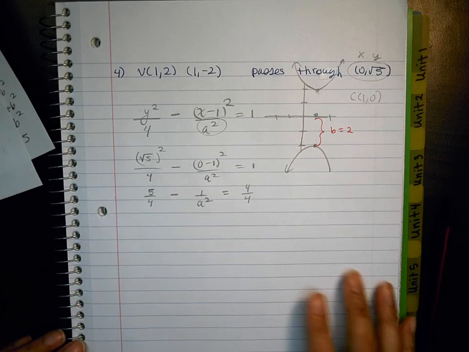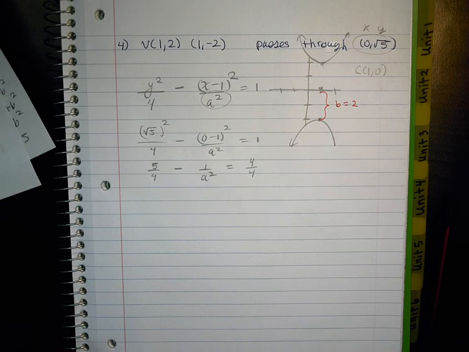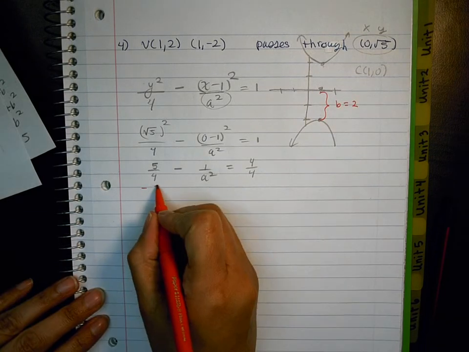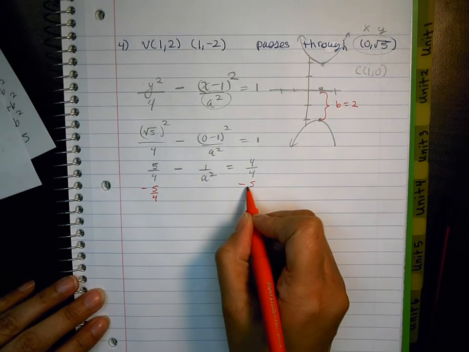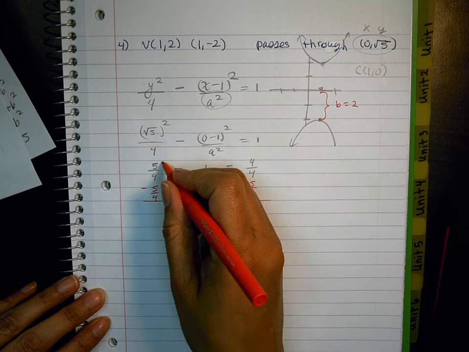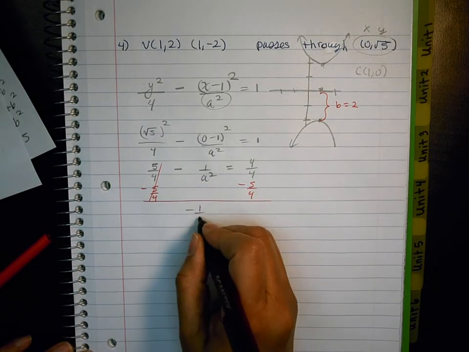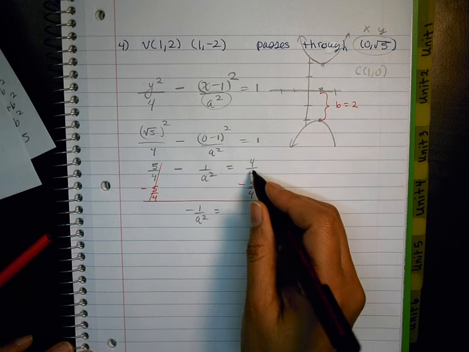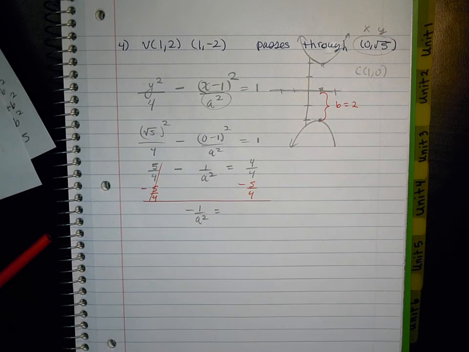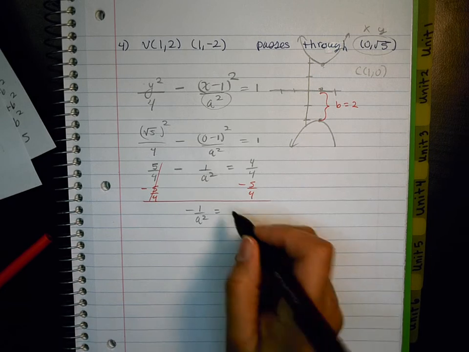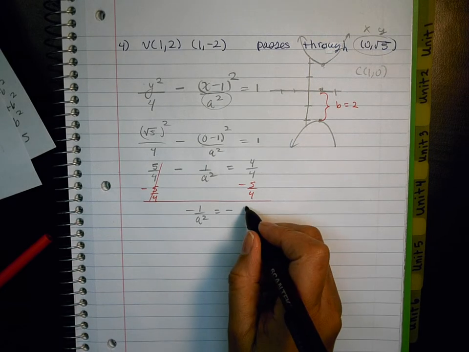Any guesses on why I'm changing 1 to 4 over 4? Common denominator. Negative 1 over a squared equals, what's 4/4? Take away 5/4. Negative 1/4.